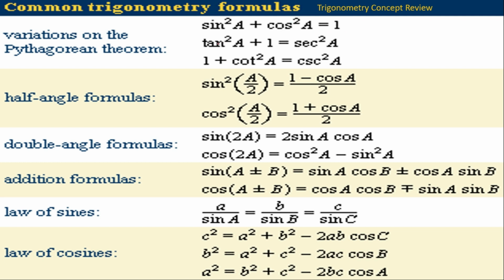Tan squared A plus 1 is equal to sec squared A, which is the same as tan squared A minus sec squared A is equal to -1. So you can decide to also say that sec squared A minus tan squared A is equal to +1. Just like that, and you are good to go.